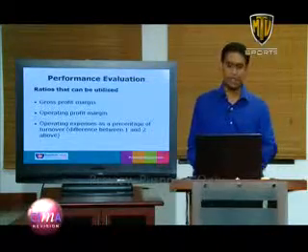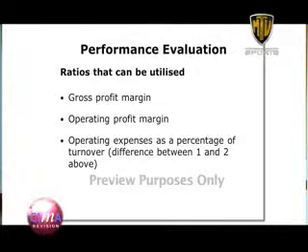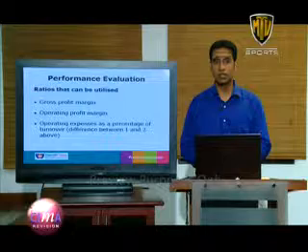Looking at the slide, performance evaluation, a few ratios that you could use. You're able to look at the gross profit margin, operating profit margin, provided information is provided. Operating expenses as a percentage of revenue or turnover, which is the difference between gross profit margin and operating profit margin, that's 1 and 2 above. Again, provided the information is available.